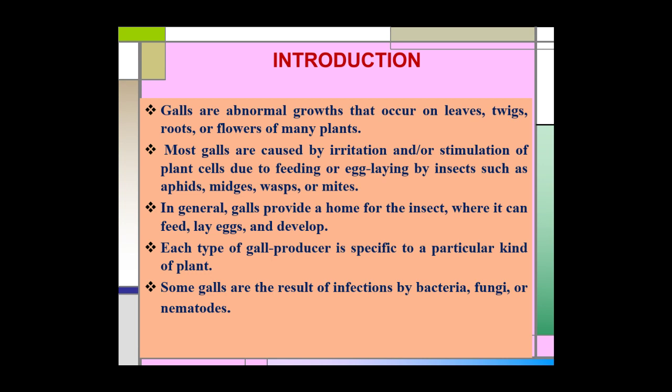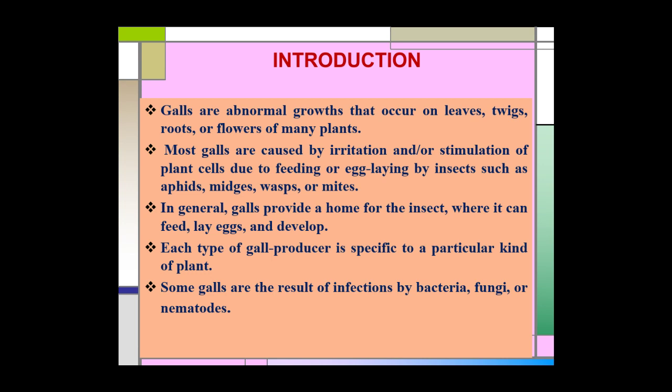Galls are abnormal growths that occur on leaves, twigs, roots, or flowers of many plants. Most galls are caused by irritation and/or stimulation of plant cells due to feeding or egg laying by insects such as aphids, midges, wasps, or mites.